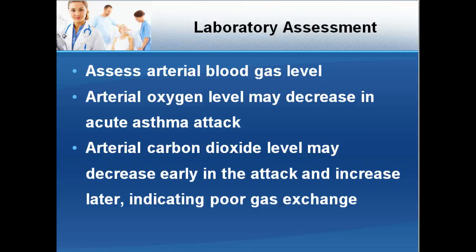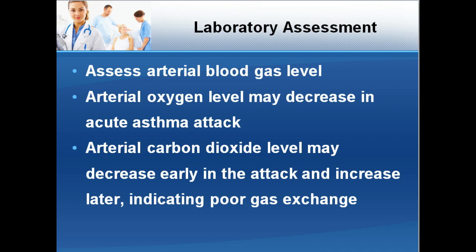What I want you to know is, when you get into blood gas levels, I want you to know the normal range for arterial blood gas levels, mainly their CO2 and O2 levels, and we're going to get more into that when we start talking about fluid and electrolytes.